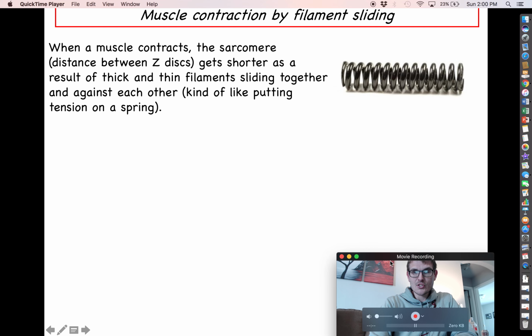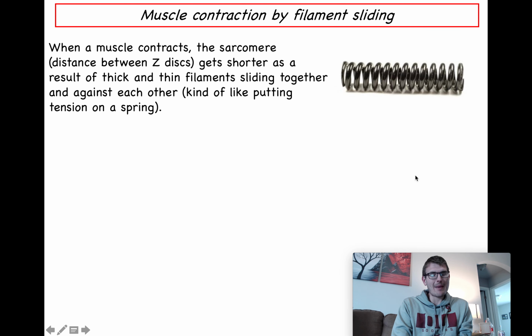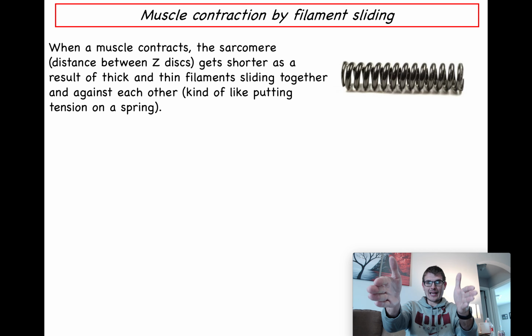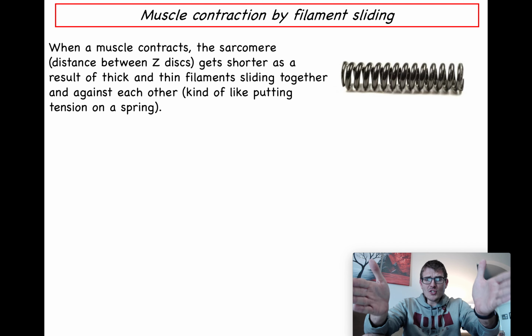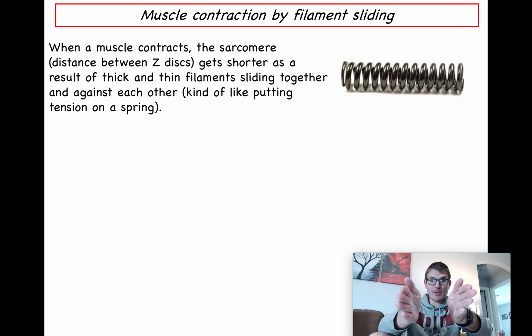Okay, so I think I mentioned this before, but the way I always like to think about muscle in general is it's kind of like a spring, right? So if you've got a sarcomere, you've got Z-disc here with all your filaments in between. What's going to happen when a muscle contracts is that those Z-discs are going to get pushed together.